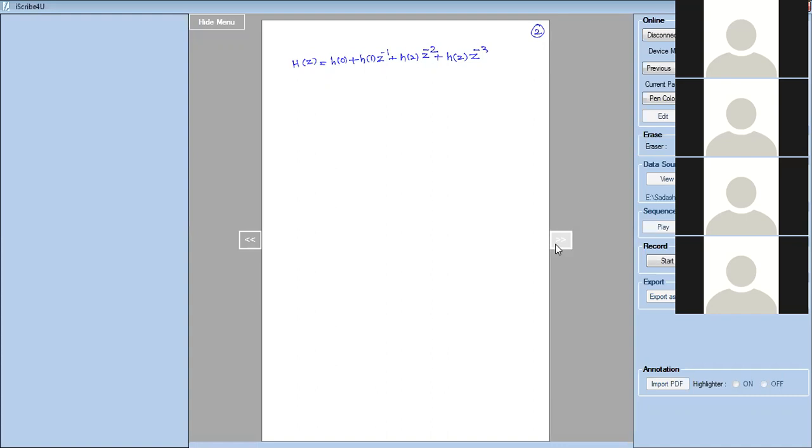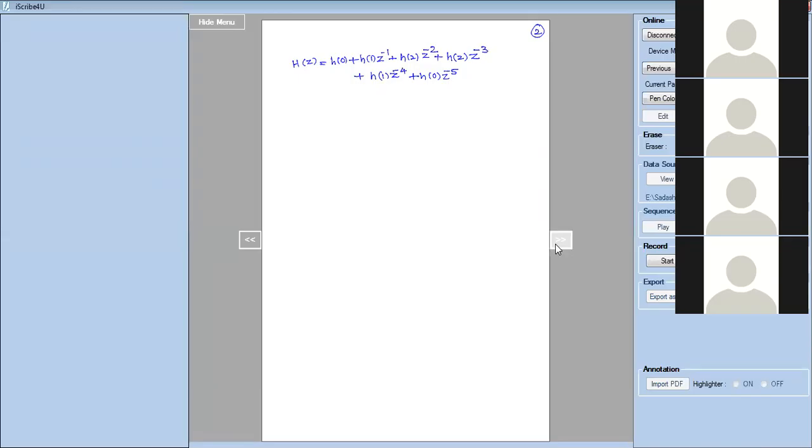But h of 3 is nothing but h of 2 only. Similarly, h of 4 is nothing but h of 1 into z to the power of minus 4 plus h of 0 into z to the power of minus 5. Please tell me, is it right or wrong? Is everyone able to understand? At least anyone respond. Yes, sir.